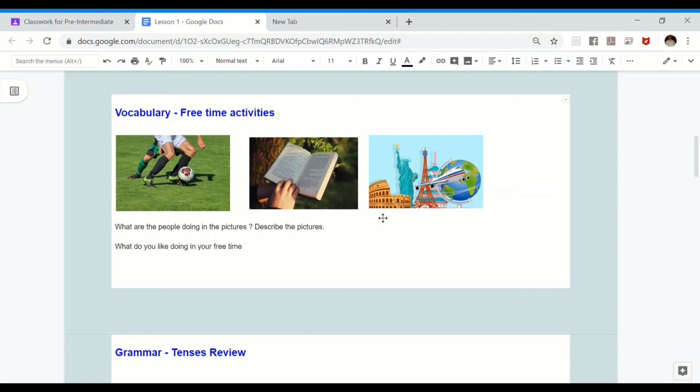And in the bottom left hand side of the picture, there is the Colosseum that's in Italy. And I can see a plane. I can't see a person in the picture, but I think the picture is about people who like travelling.